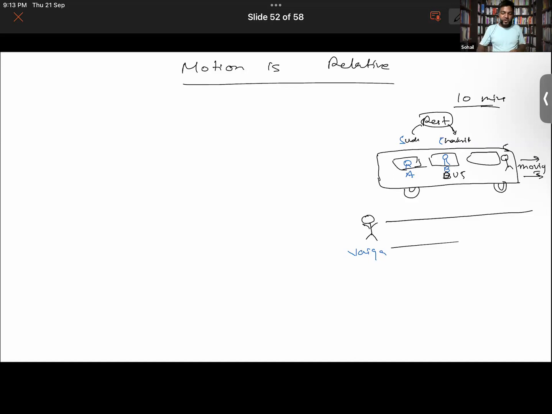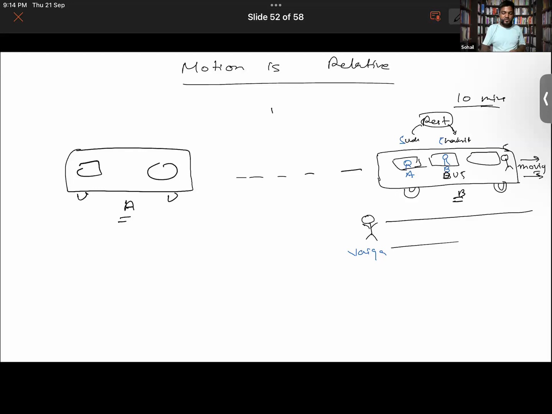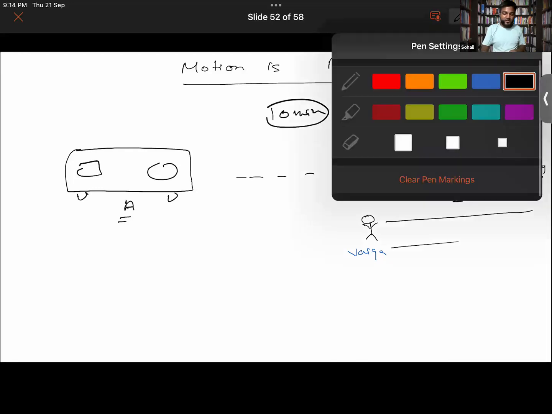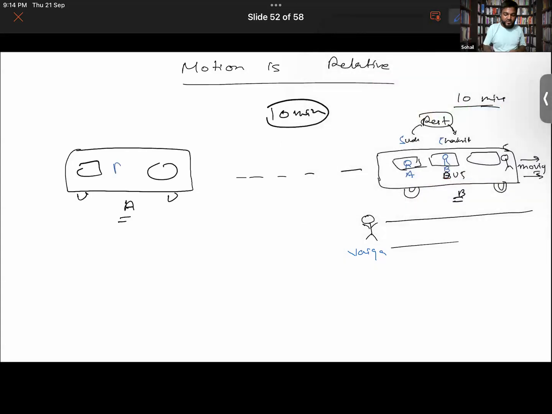But if I were to talk about this bus, moments ago this bus might have been here, and right now the bus has changed its position from point A to point B. I'm not talking about Sundus and Chakrika here.